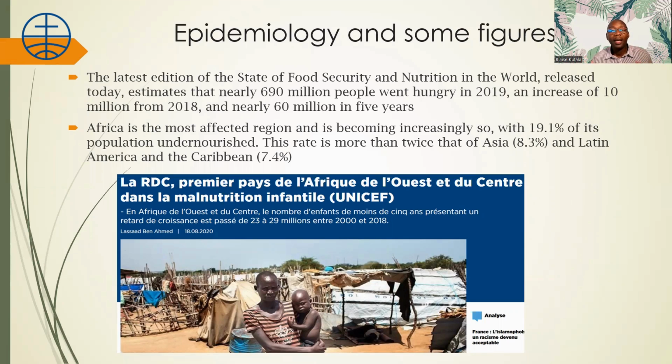Thus, Africa is the most affected region with an increase of 19%. I can say the rate is more than twice what we can see in Asia with 8%. As you can see here also, the DRC became the first country in West and Central Africa in children's malnutrition.